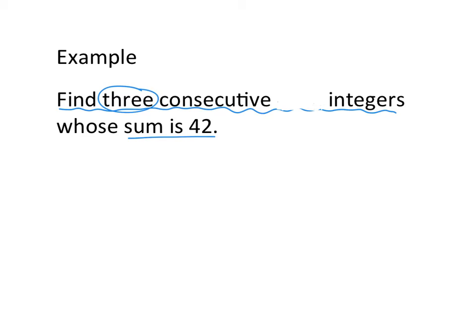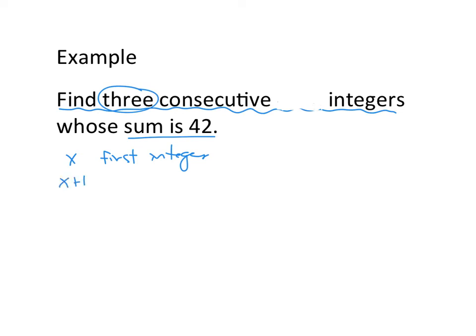So if we want to represent this with a variable, we could go ahead and say one of the variables is x, and we want to communicate to somebody that this might be the first integer in this row. Then we want to demonstrate the next integer in that row without coming up with a new variable. We don't want more variables than just an x, otherwise we're not going to be able to solve.